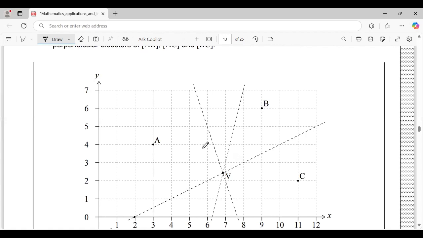Okay, so look, there are three sites. One, two, three. So we have to divide it into three regions. Why three regions? Because there are three sites.